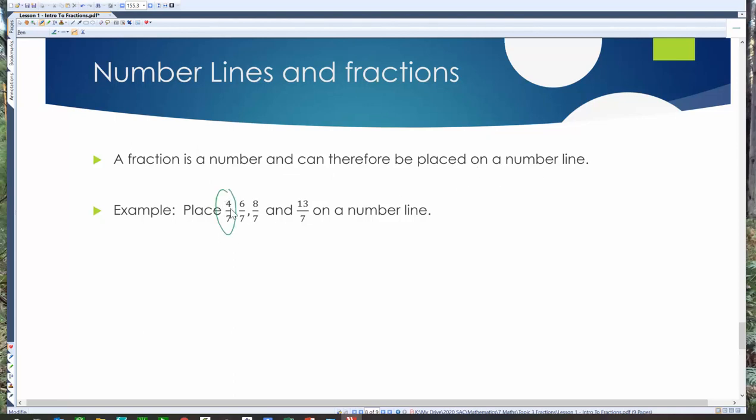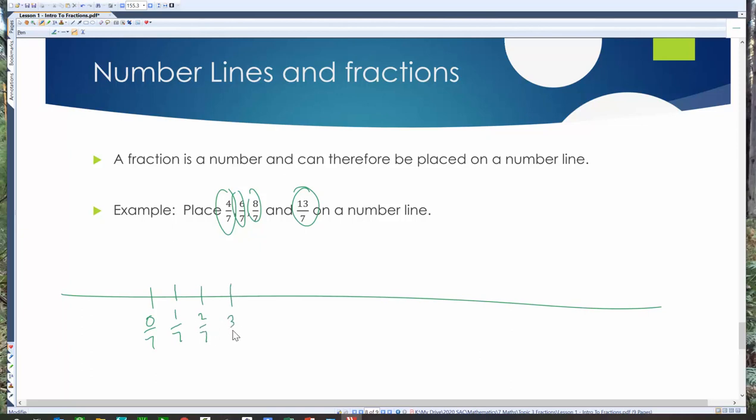So what we're going to do is place all of these: 4/7, 6/7, 8/7 and 13/7. So here on the number line would be 0/7 or 0. This is 1/7, 2/7, 3/7. So what we can see here, 7/7 is actually just 1 and 0/7 is 0.